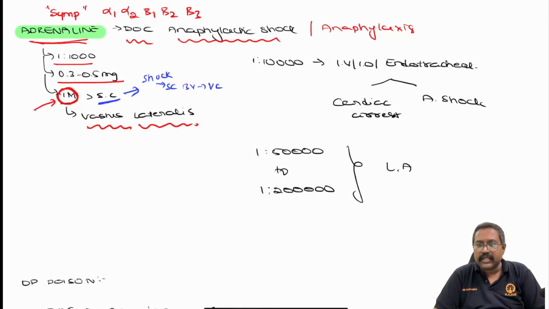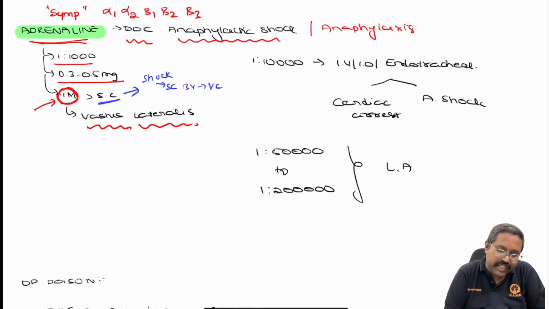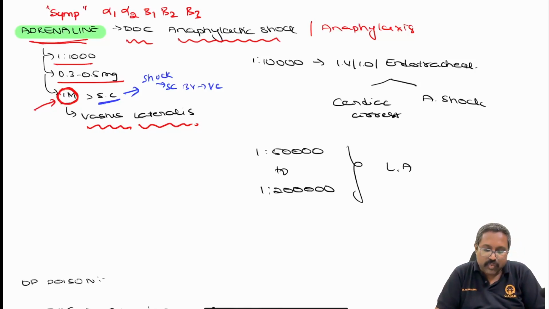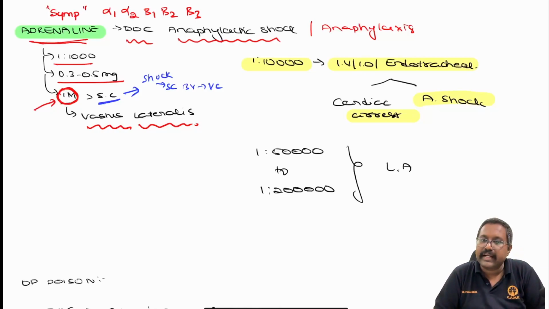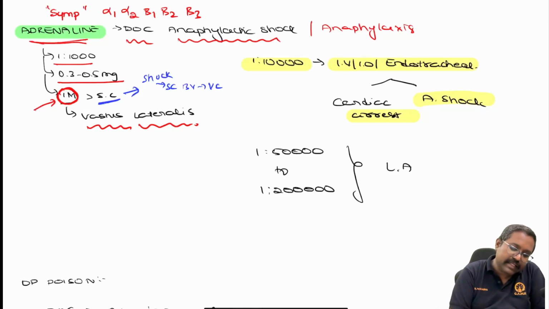So can we give it through other routes? Yes, adrenaline can be given through other routes also. What you need to maintain is that the dilution should be changed. So a 1:10,000 dilution can be prepared, and you can inject it through intraosseous, intravenous, or endotracheal routes for the treatment of cardiac arrest as well as anaphylactic shock. Why do you need to dilute the adrenaline whenever you are giving it through the intravenous, intraosseous or endotracheal route?